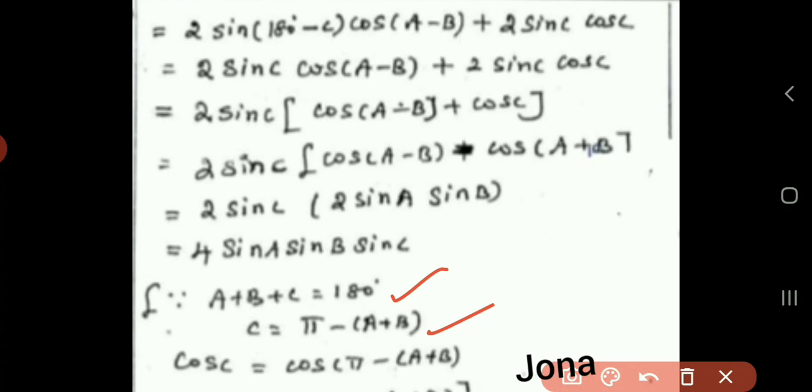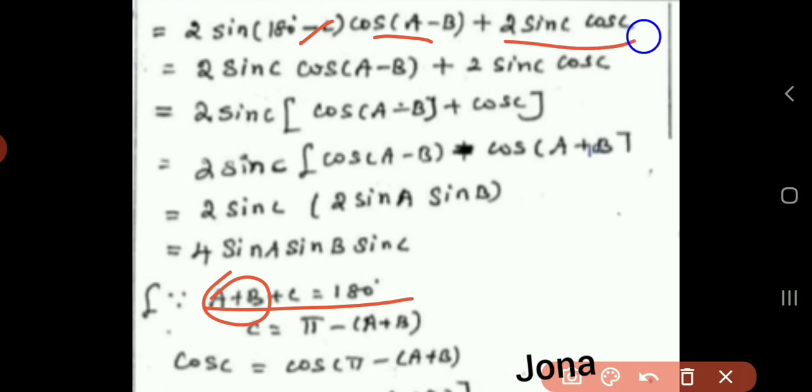From this I can conclude a plus b plus c equals 180 degrees. I want a value of a plus b, so take this c to the other side. It will become sin of (180 minus c), and then keep cos of (a minus b) as it is, and then 2 sin c cos c.